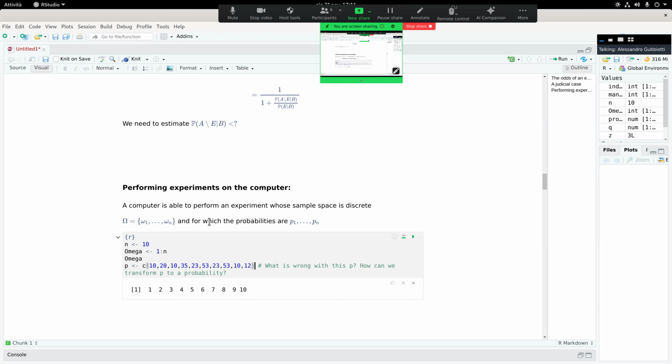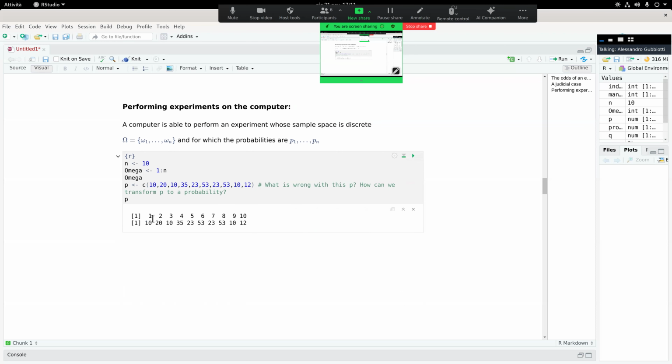What's the best thing you can do? The numbers are these ones in p. I assign to 1 the probability 10, so it's not possible, to 2 the probability 20. So what should I do?